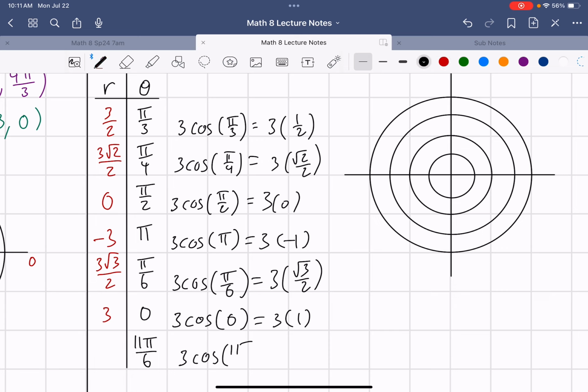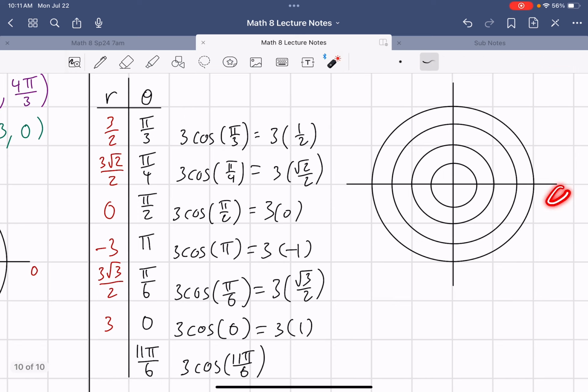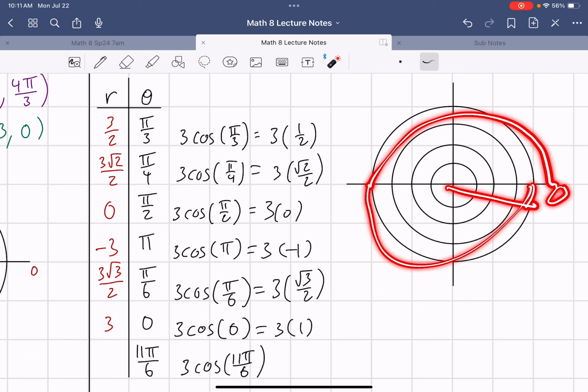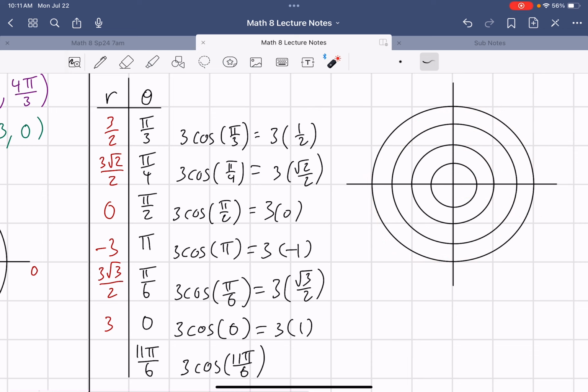And then 11 pi over 6, right? Sometimes these can still be a little challenging. But remember, if we're at 0, I go 6, 12, and then I go back 1, right? And then I know it's 1, 2, 3. That's the same as this point. So I know we're looking at the x is 3, and it's positive. So I know there's going to be 3 times square root of 3 over 2.